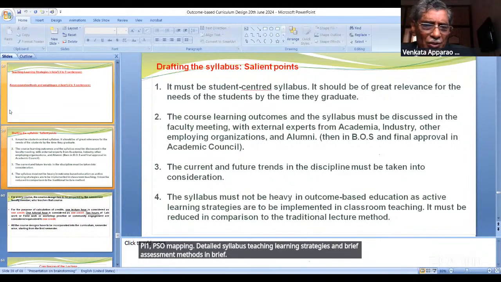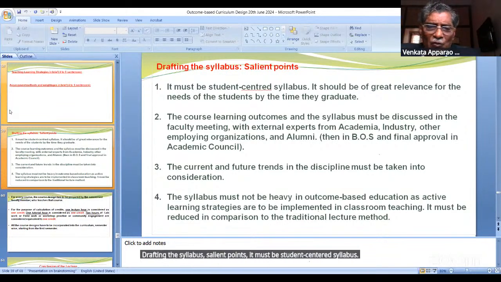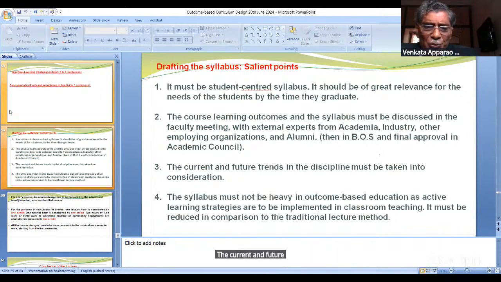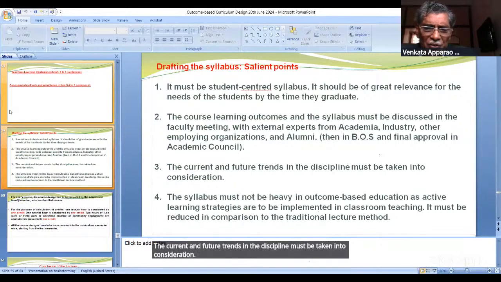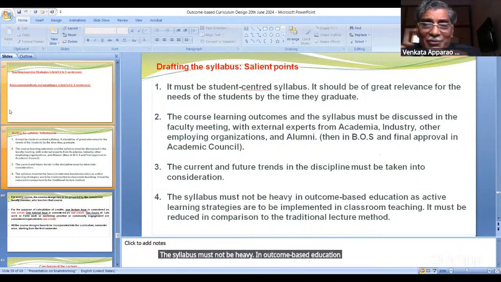Drafting the syllabus, salient points: it must be a student-centered syllabus of great relevance to the needs of the students. The current and future trends in the discipline must be taken into consideration. The syllabus must not be heavy in outcome-based education, as active learning strategies have to be implemented.